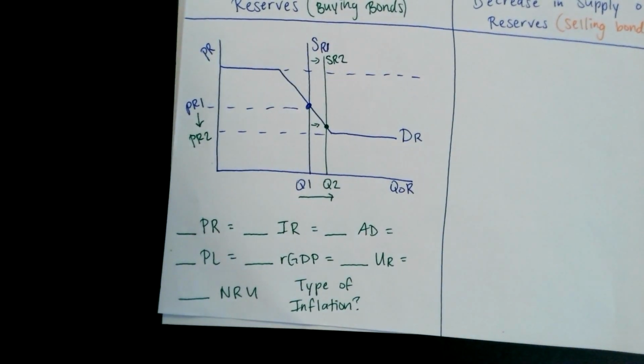There's also a little alphabet soup moment. So PR is policy rate, IR is interest rate, AD is aggregate demand, PL is price level, real GDP, unemployment, natural rate of unemployment.